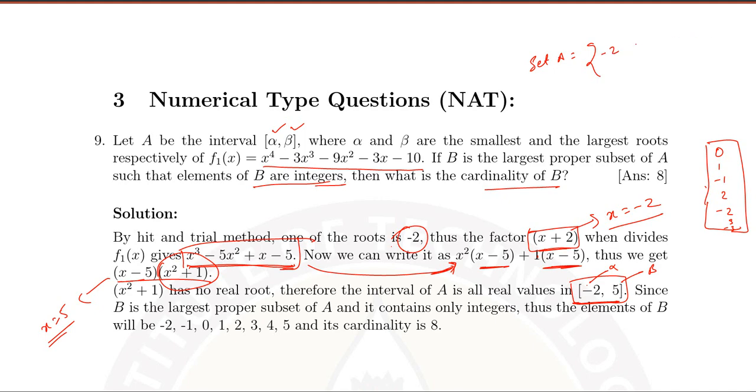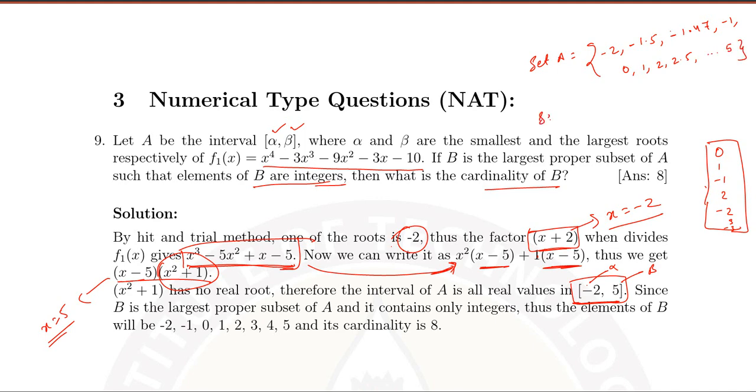So it can have all the elements like -2.5, -1.5, even -1.47, and -1, 0, 1, 2, it can have 2.5, and so on till 5.